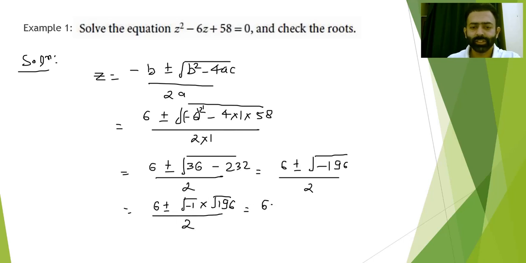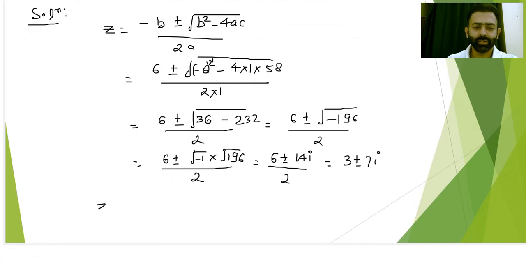So this is 6 plus minus i times the square root of 196, which is 14, so 14i, divided by 2. Divide this by 2 and you will get 3 plus minus 7i. Now you have two roots: one root is 3 plus 7i and the second root is 3 minus 7i.